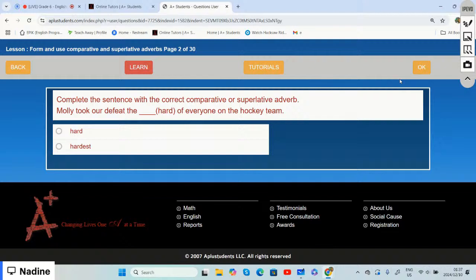So Molly took our defeat the hard, option one, or hardest, option two, of everyone on the hockey team. Which one is correct? Option one hard or option two hardest?